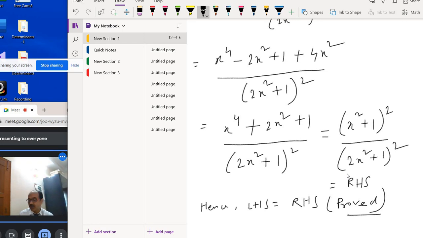Next, question number 12 is: let z1 equal to 2 minus i and z2 equal to minus 2 plus i. Find real of z1 z2 by z1 bar. Okay, bar means conjugate.